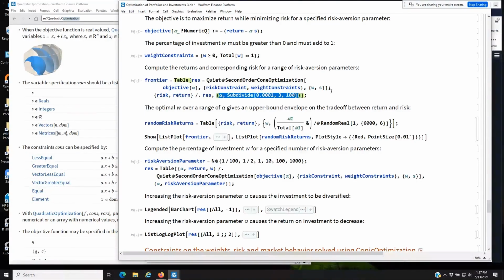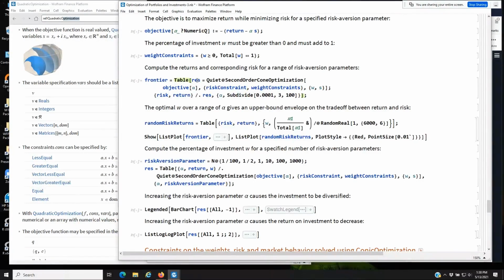I put in my constraints, but now I've got two variables. Not only are the weights W, but also S, which is the upper bound for the risk. So I've got to solve for both of those.